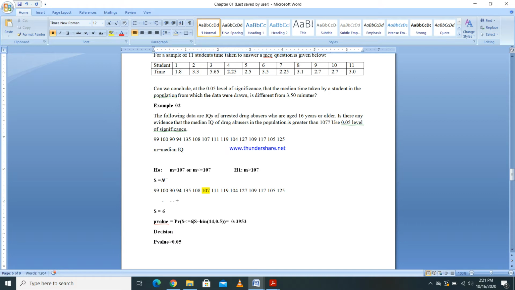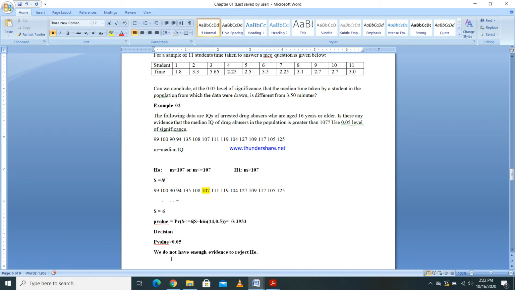So we do not have enough evidence to reject H naught. So the conclusion is, we cannot say that the median IQ value of the drug abusers in this population is greater than 107.